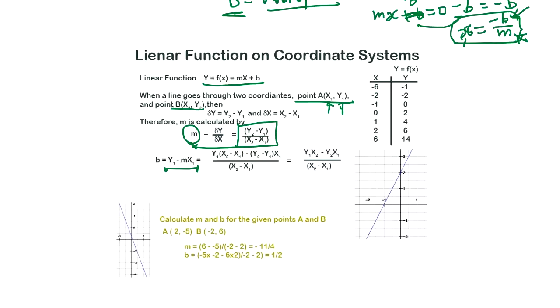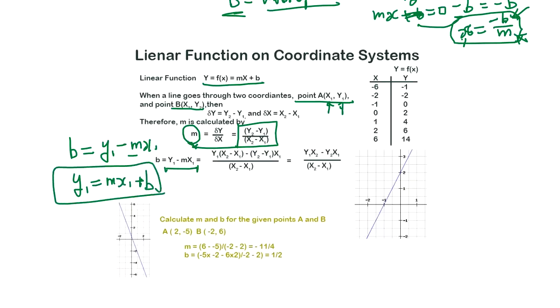The b is going to be what? y1 minus, we know the slope, m x1, right? Because y1 equals m x1 plus b. This is the original equation. So b is given by this. So we plug in m to this equation, then it's going to be like this.